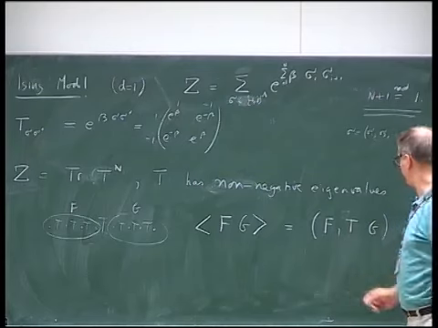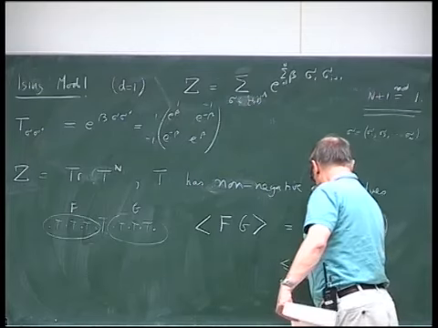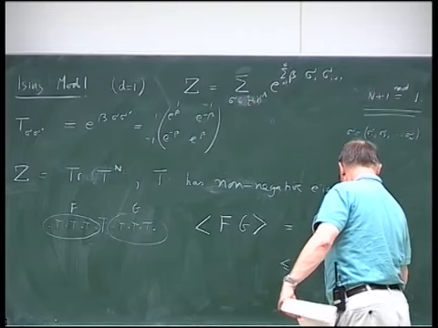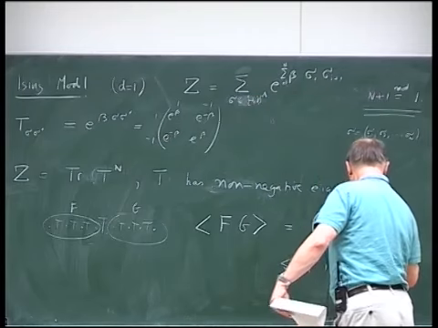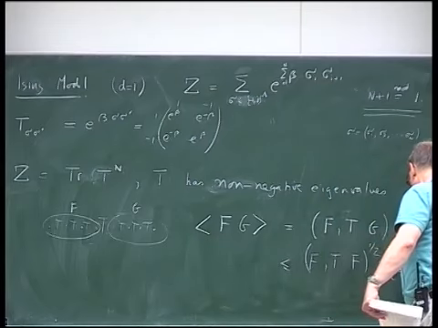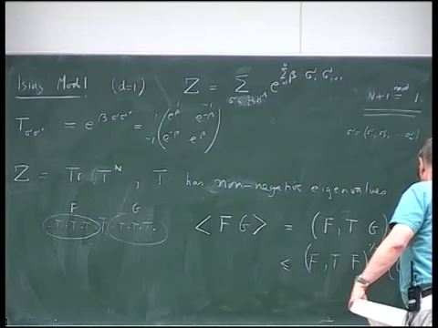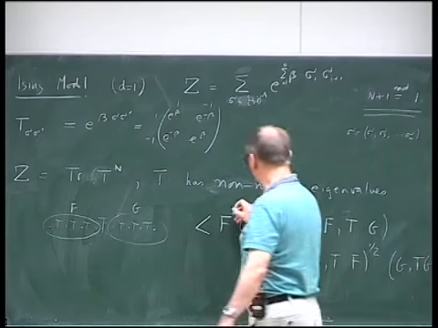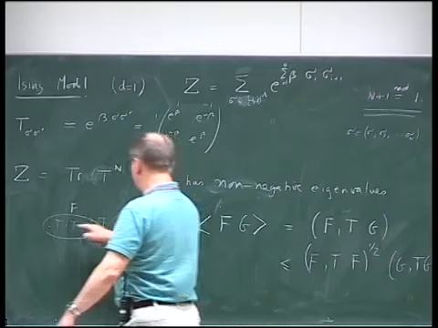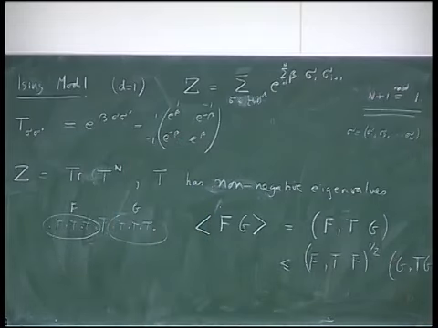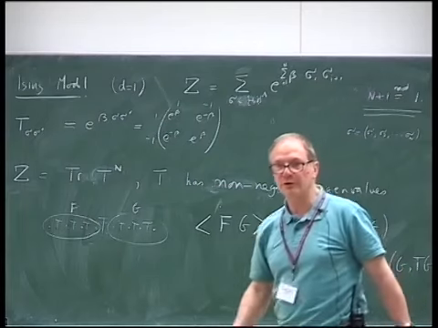So you have the property you want. So F lives on here and G lives on there to do this. And that's that. So the theta comes from the transfer matrix.